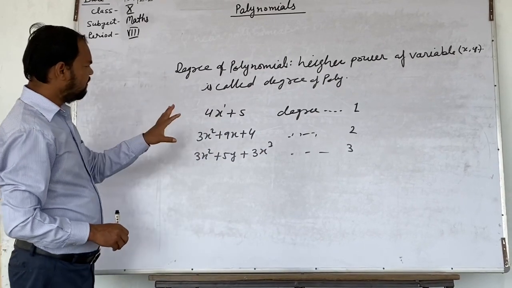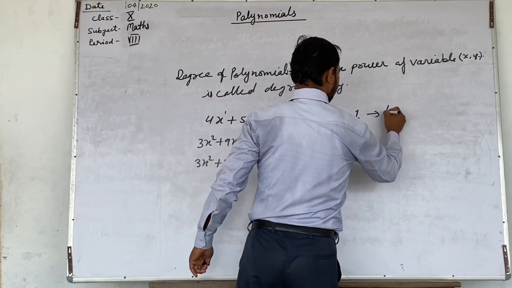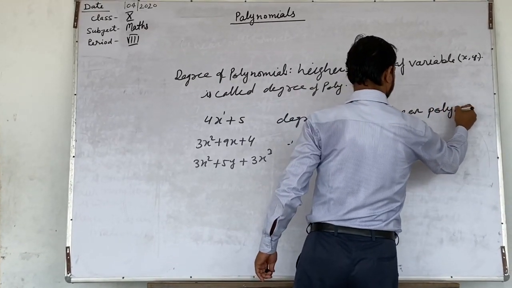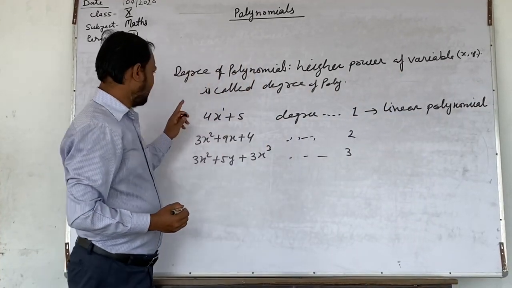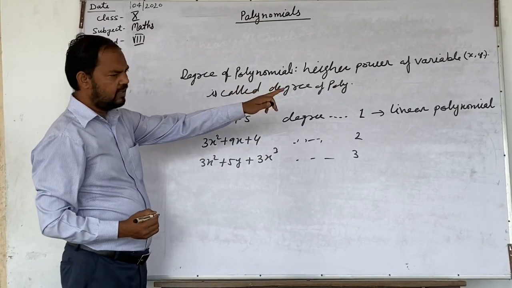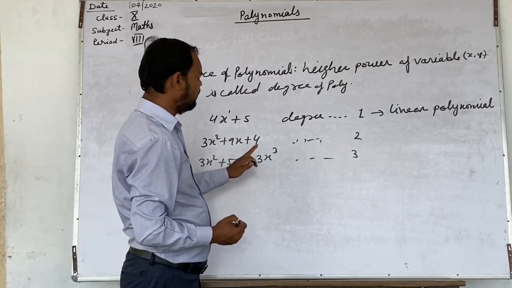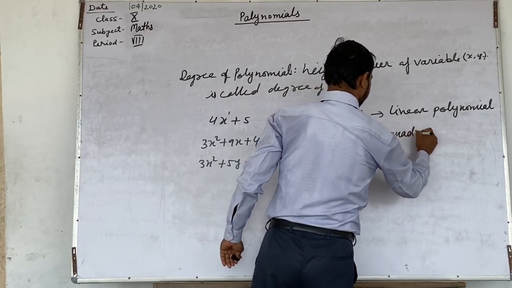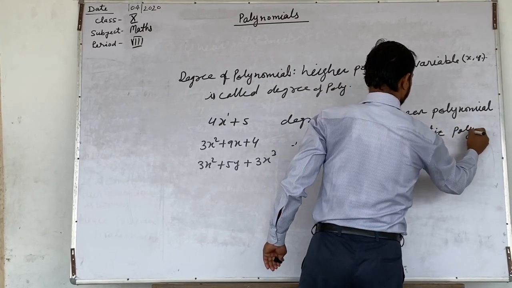Now, on the basis of degree, any polynomial which has degree 1 is called a linear polynomial. Any polynomial which has degree 2 is called a quadratic polynomial.